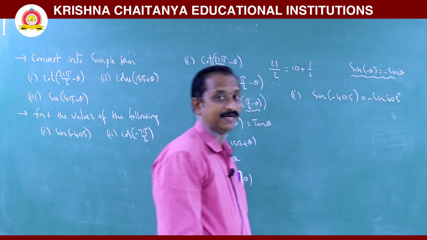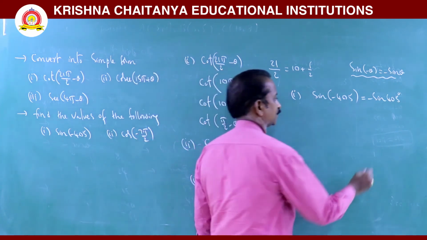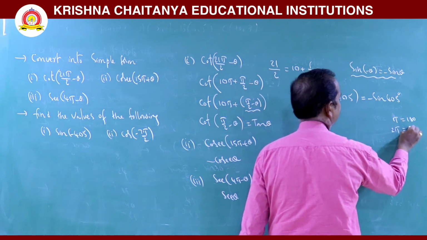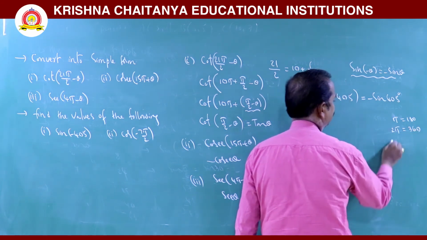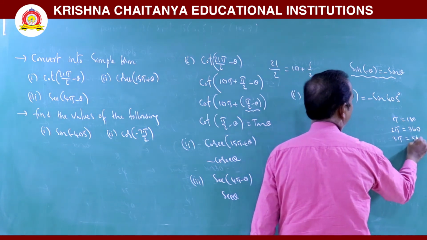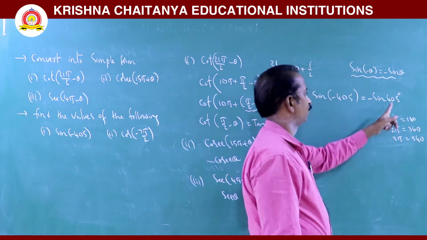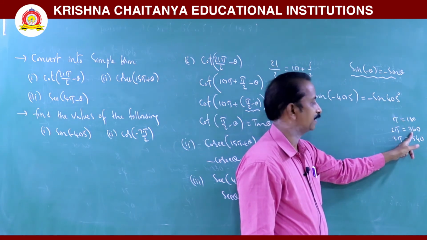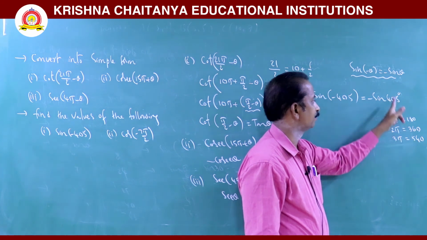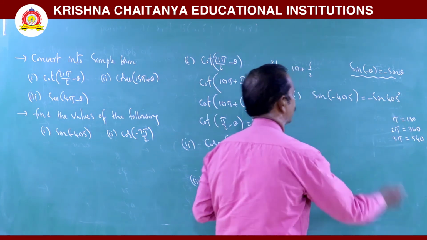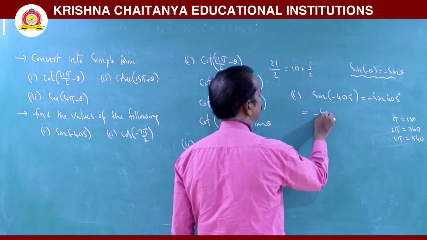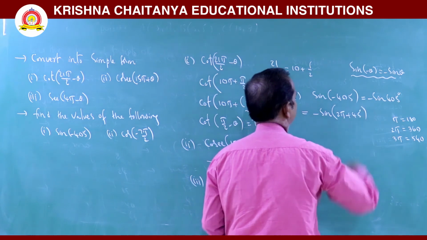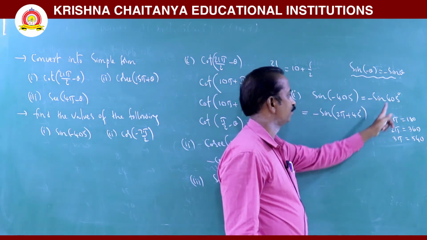Just now we discussed pi is nothing but 180, 2 pi is 360, 3 pi is 540. But 405 is greater than 360 degrees, by 45. So we can write it as minus sine of 2 pi plus 45, that is 360 plus 45, 405.